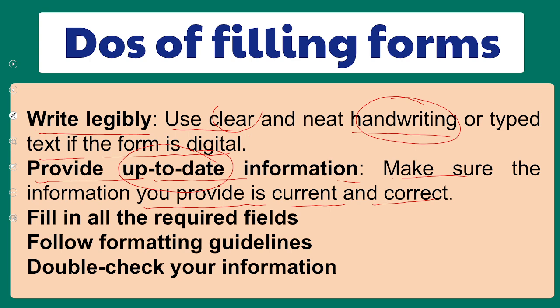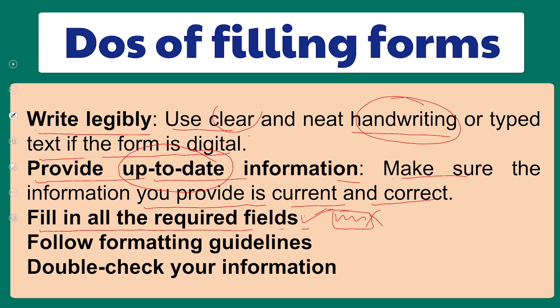For example, if you have shifted to a new house, then you have to give your new address, new phone number, and your current location and contact information. Then students, we will fill in all the required fields. We will not leave anything blank. Everything needs to be filled.